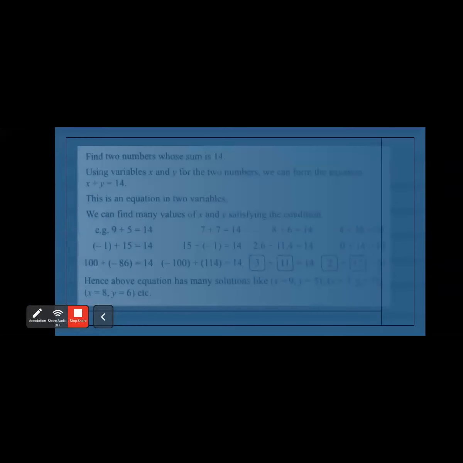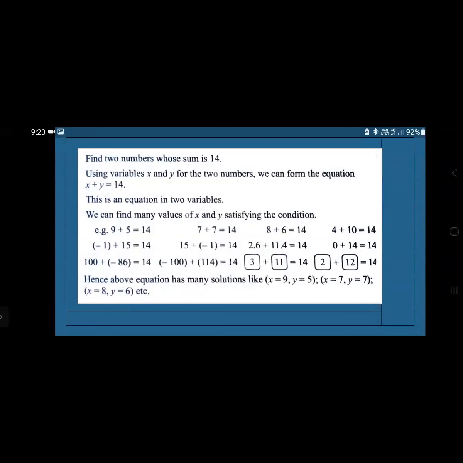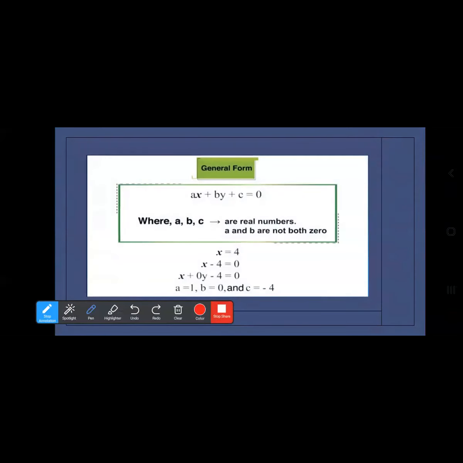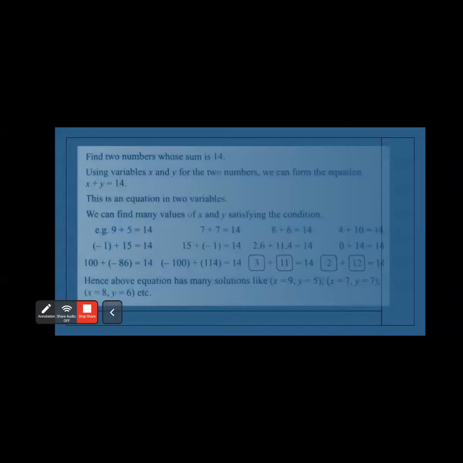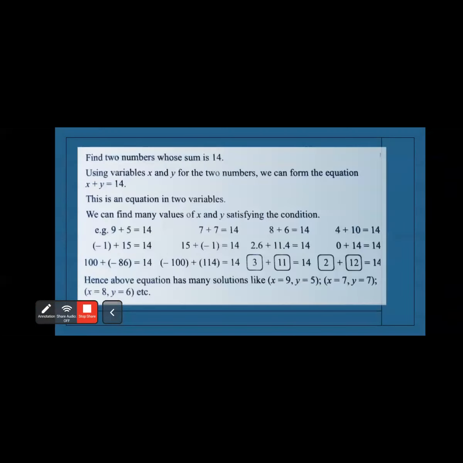Now here are some examples for your explanation. Find two numbers whose sum is 14. Sum means addition.